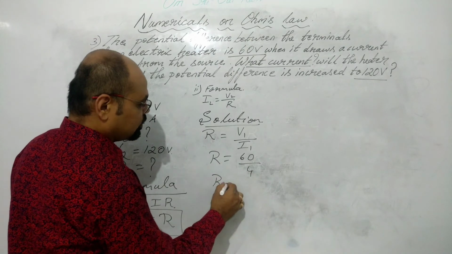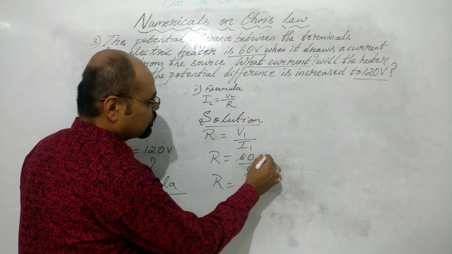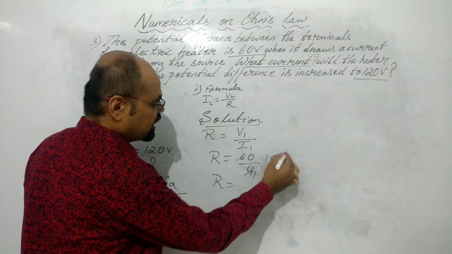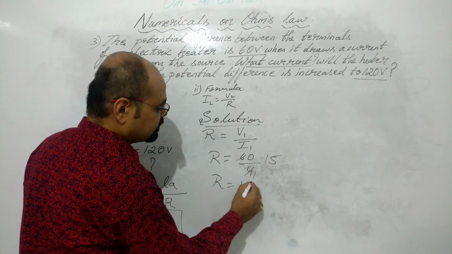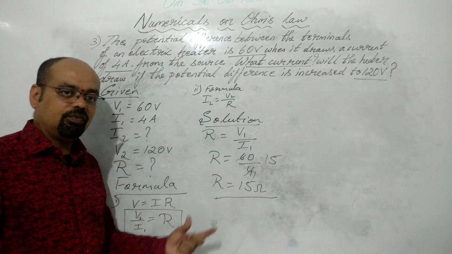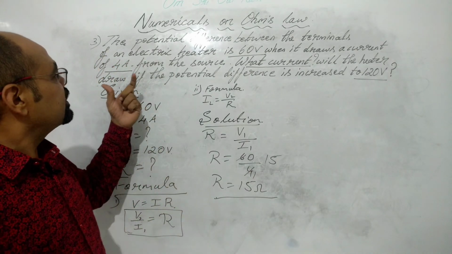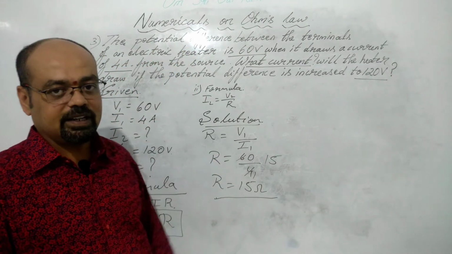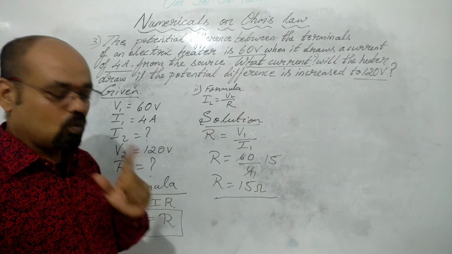So R is equal to 60 divided by 4, which is 15. The SI unit of resistance is ohm. So the resistance of the electric heater is 15 ohm.